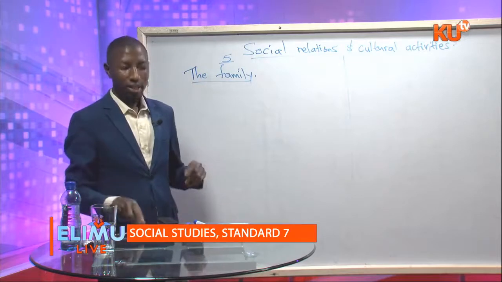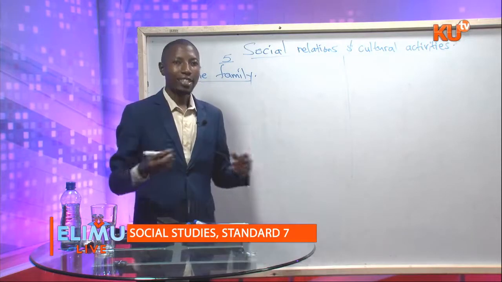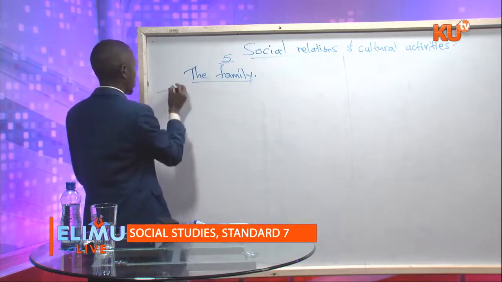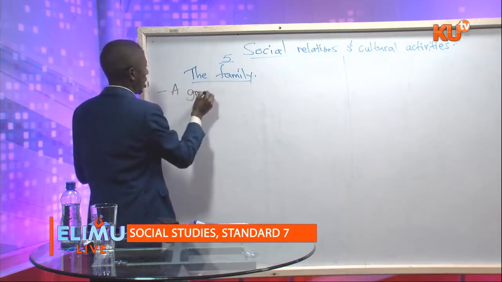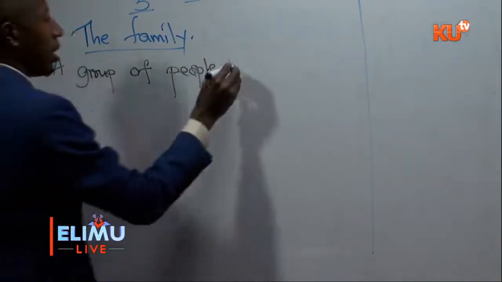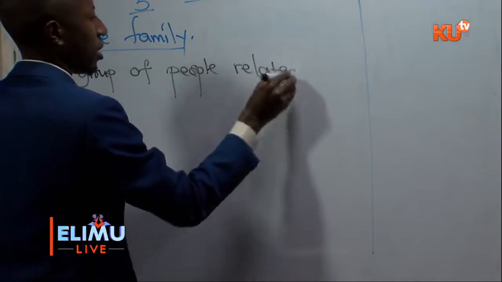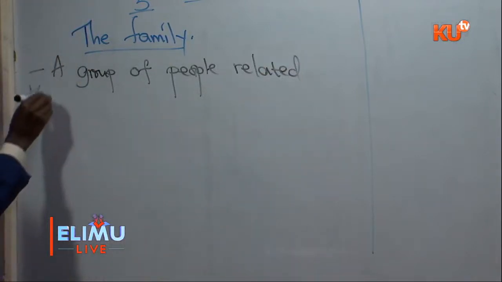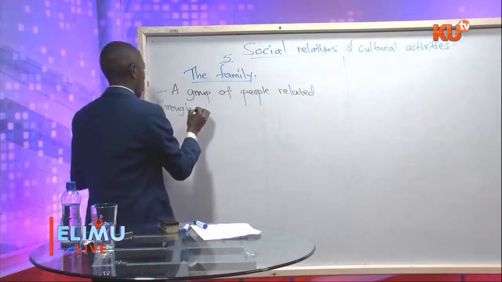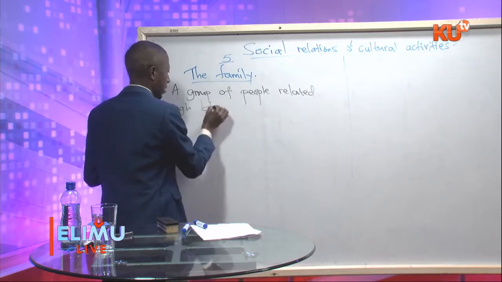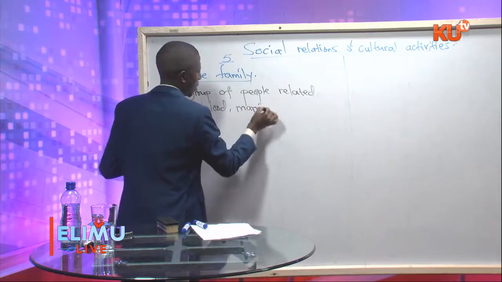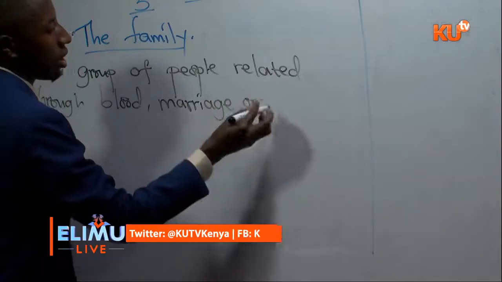A family is a group of people who are related to one another. Let me write for you. A group of people related through three ways: through blood, marriage, or adoption.